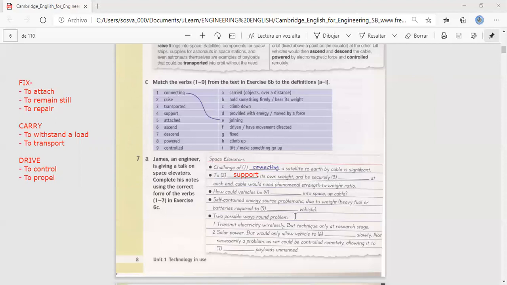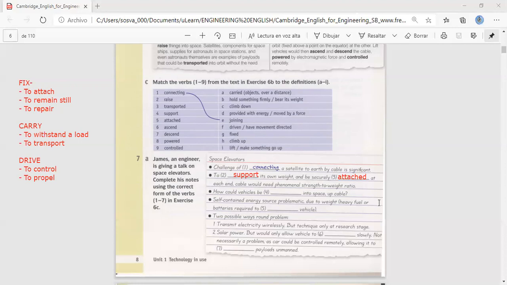Attached means that at the beginning and at the end of the station, it's securely attached. It doesn't move, because they are talking about a cable, one side and the other side. So it's attached.